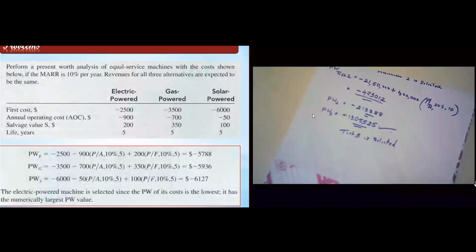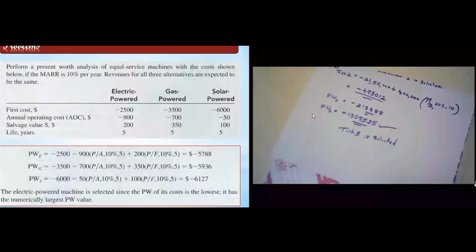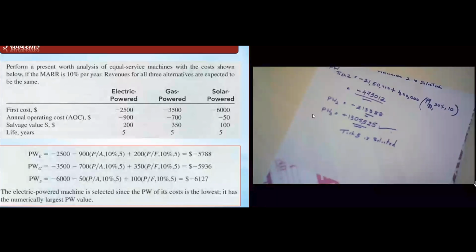So here in this case the electric powered machine is selected because its present worth of cost is lowest. So minus $5,788, that is less compared to the other. So the electric powered machine is selected.